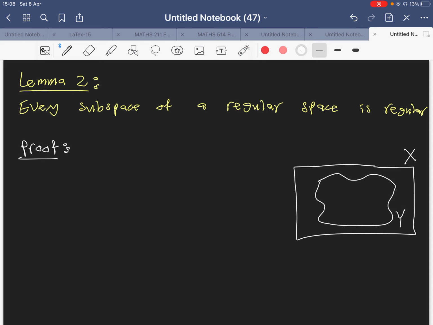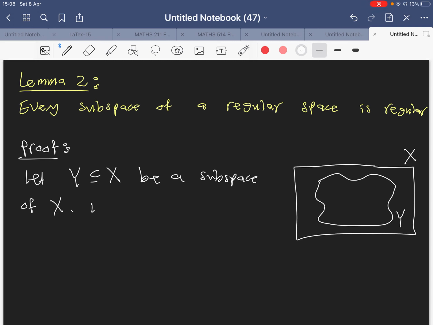So for that, let Y be a subspace of X. Here I'm using the subspace topology.